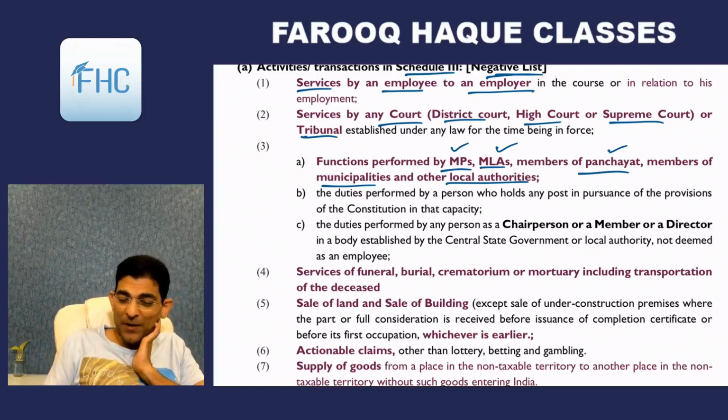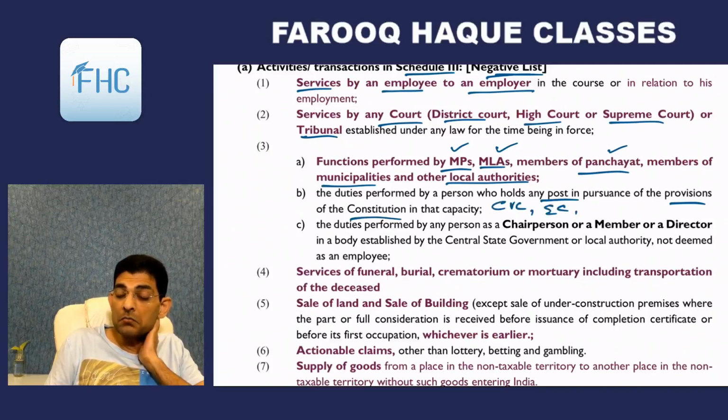Then duties performed by persons who hold any post in pursuance of provisions of the constitution in that capacity, means constitutional authorities like the Central Vigilance Commissioner or Election Commissioner or judges of High Court, Supreme Court, and all. These people do not give any service, means whatever fees they receive is not liable to GST.